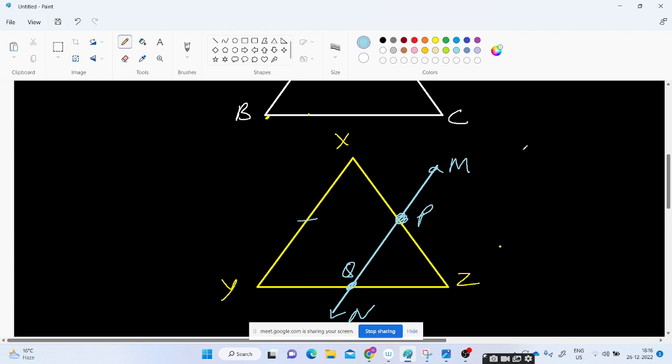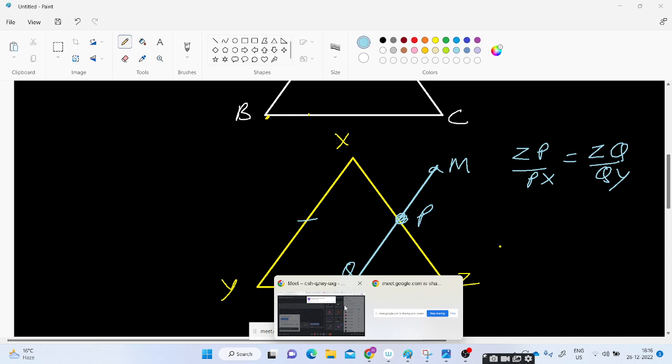So you can say ZP upon PX is equal to ZQ upon QY. The other two sides are divided in the same ratio.